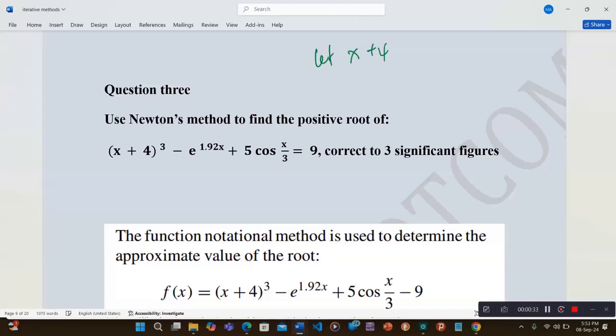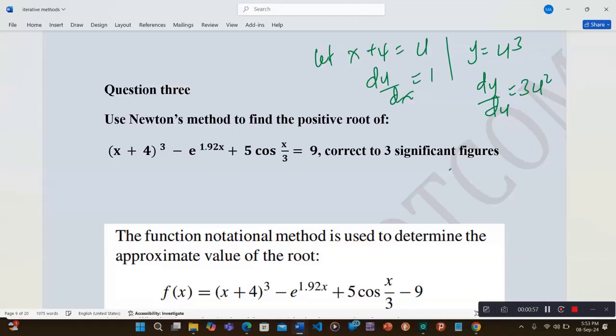x plus 4 may be equal to u. So du by dx here is equal to 1. Then what about if this was y? So y is equal to u power 3. So dy by du is equal to 3u squared.